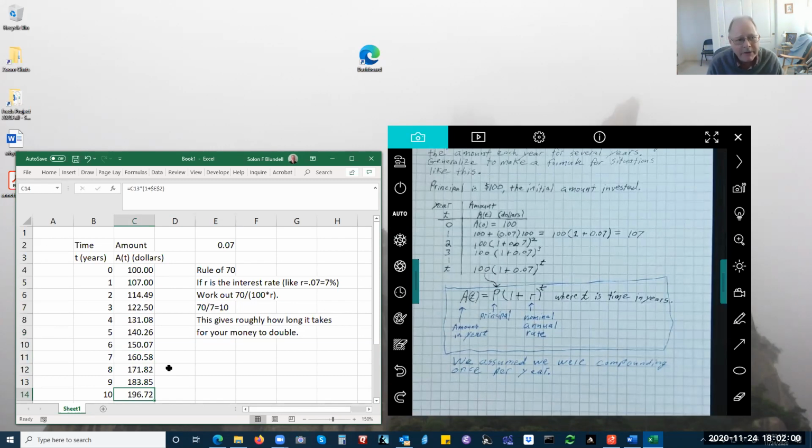After 10 years, we got about $200. I mean, there's a more exact, fancier calculation with logarithms, but you know, this works pretty well. You can do it fast, and you don't have to learn intermediate algebra.